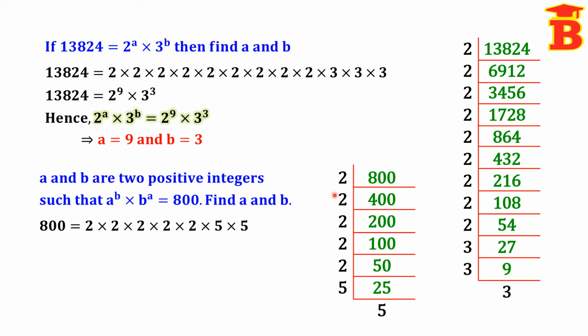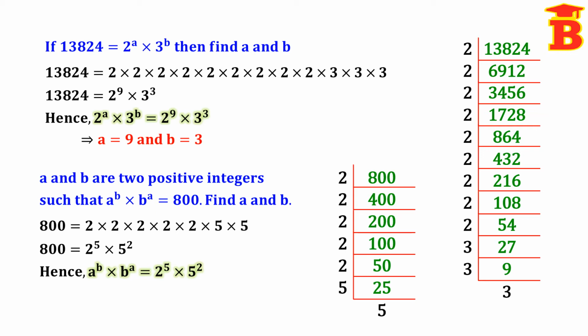See this, 1, 2, 3, 4, 5. So that can be taken as 2 power 5. And then we have 5 two times, 5 into 5, that is 5 power 2. So this 800 is 2 power 5 into 5 power 2.